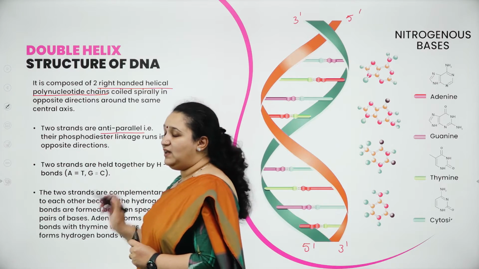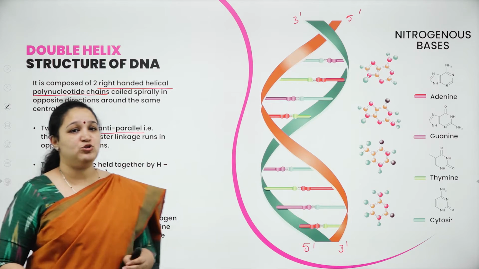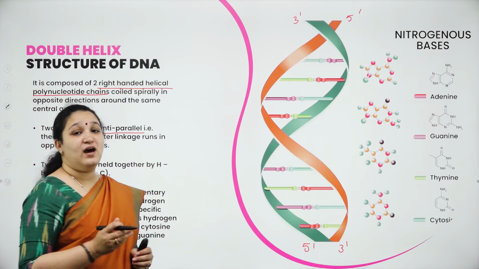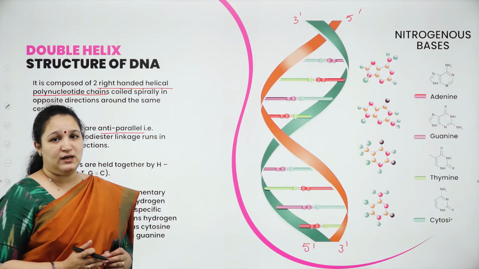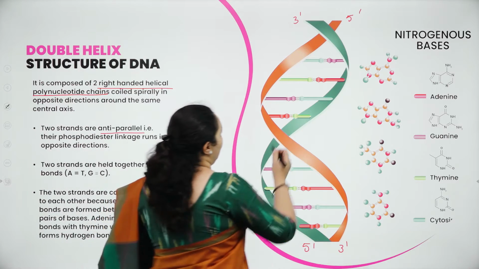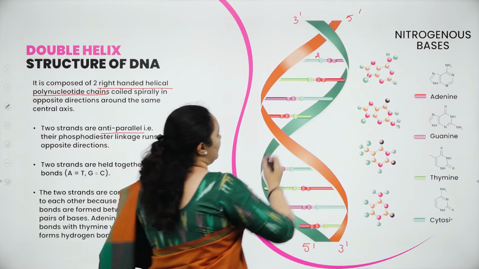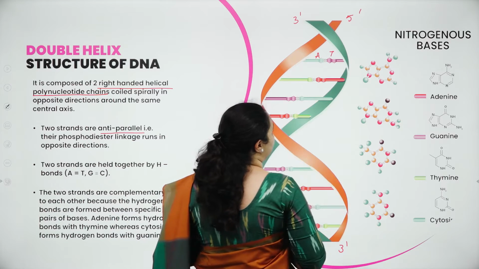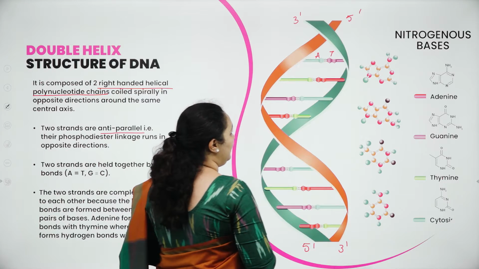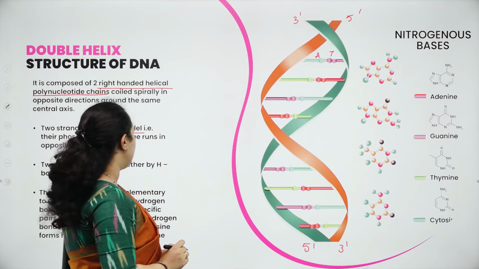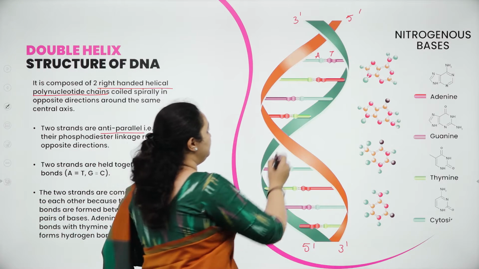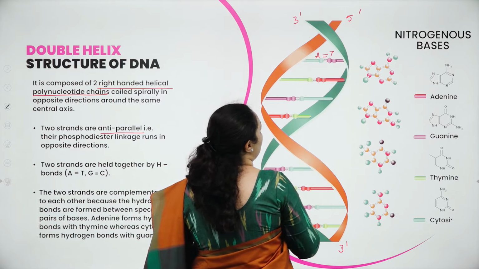Okay, and between the two strands there is hydrogen bonding, and they are complementary to one another. What do you mean by complementary? See, if this is base A, adenine, this will be T, and between A and T a 2 hydrogen bond is possible.